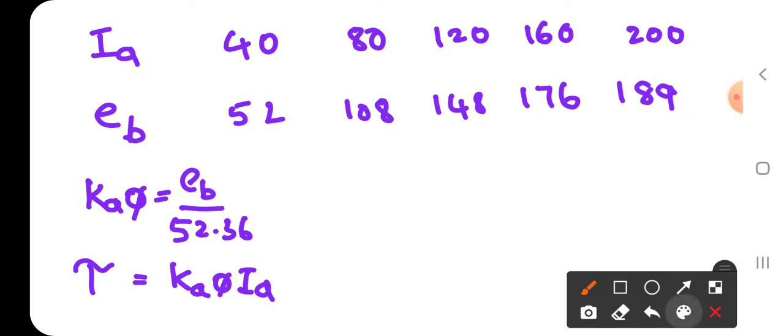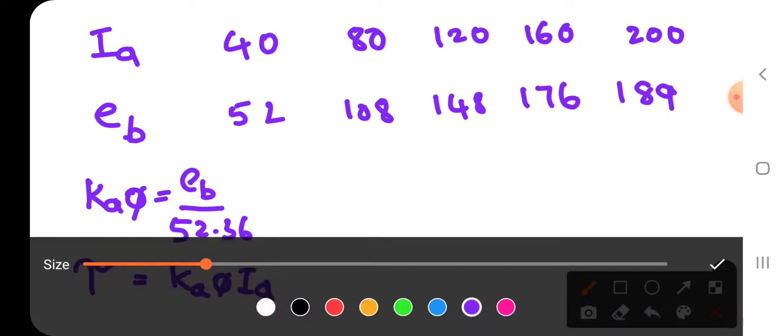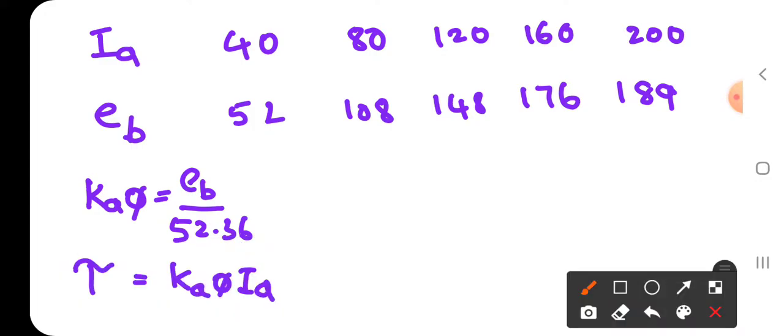Now let us find Ka phi and torque tau. What is Ka phi now? Eb divided by this value.